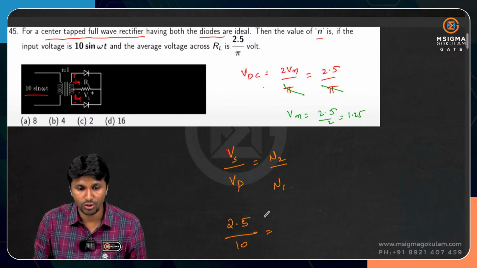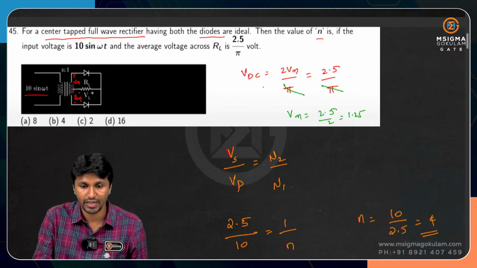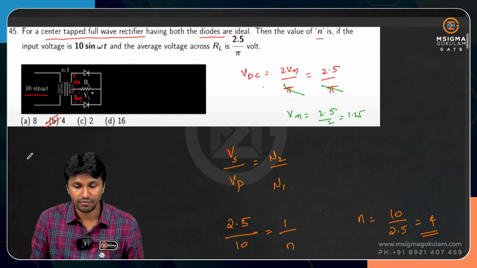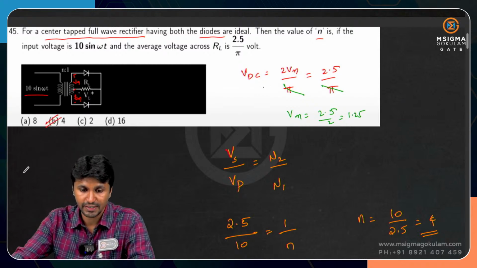So what is N2? N2 is simply 1, and 1 by N1 is nothing but N. So N is equal to 10 by 2.5, which is 4, right? Therefore the correct answer is B.